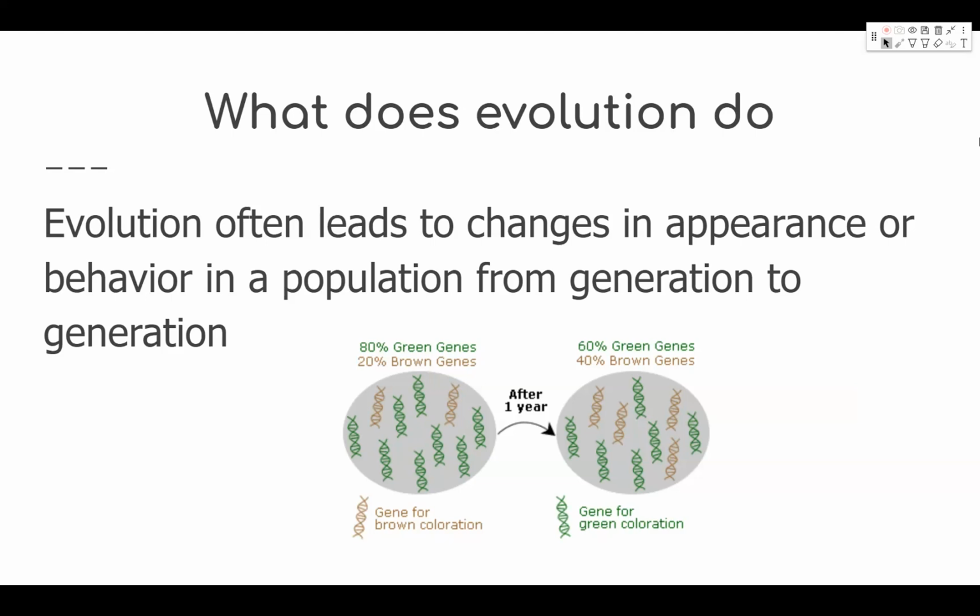This year there are 80% green genes and 20% brown genes in this bug population. The next year, there are 60% green genes and 40% brown genes. The year after that, there are 40% green genes and 60% brown genes. Those percentages changing over time is what we mean by evolution. Those genes are changing over time.